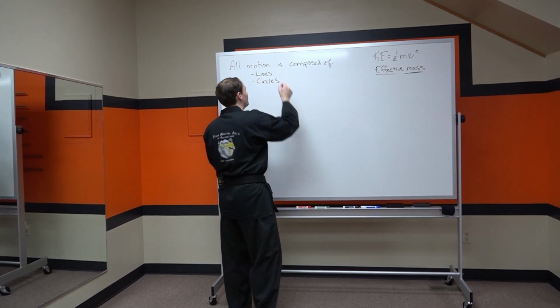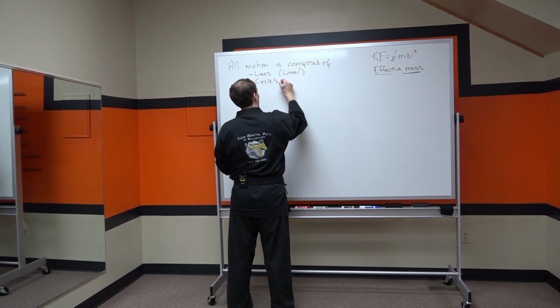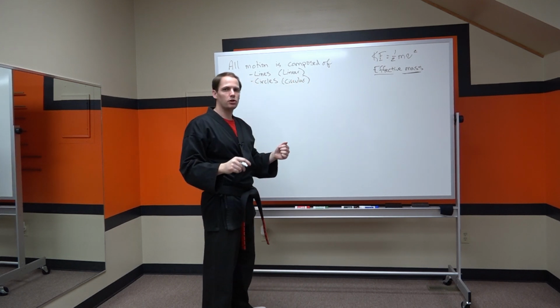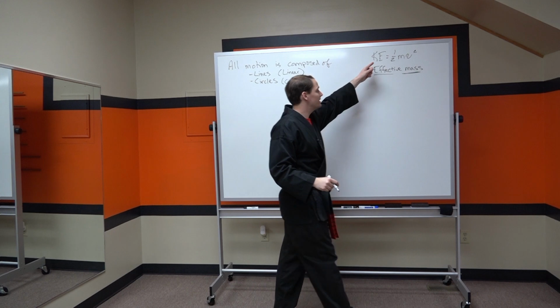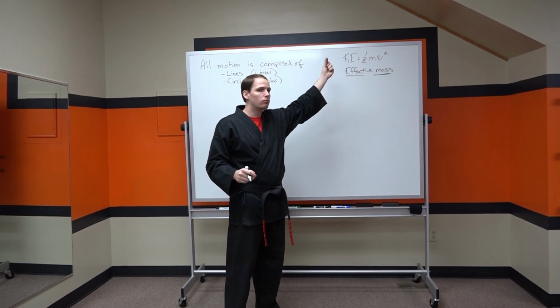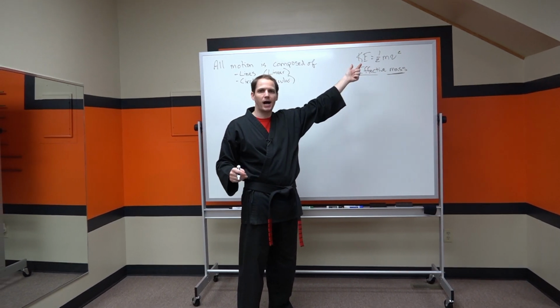Put another way, we explore within our techniques linear or circular motion. And what we're concerning ourselves with today is not so much the energy, but if we're putting mass in motion, we want to maximize something we call our momentum. We want to maximize our body momentum.